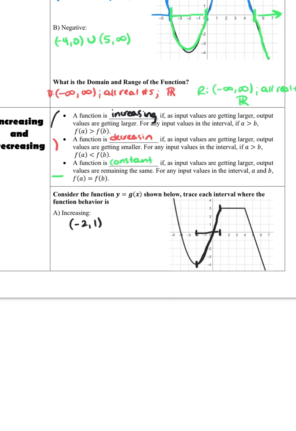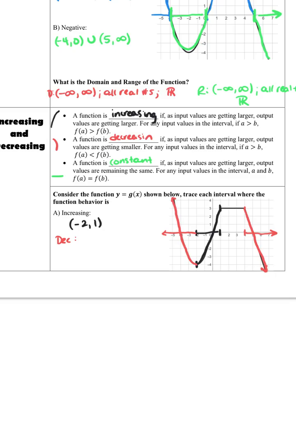Okay, and then I'm going to go ahead and write the decreasing part. Decreasing, so it's coming down. We're going to assume there's an arrow there from negative infinity to -2, and then it starts decreasing again here, from 4 to positive infinity.